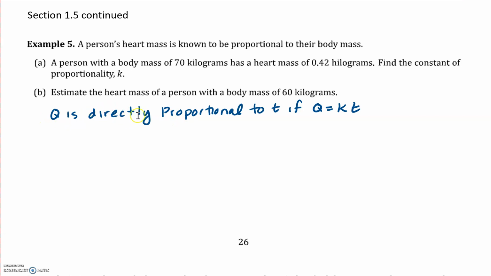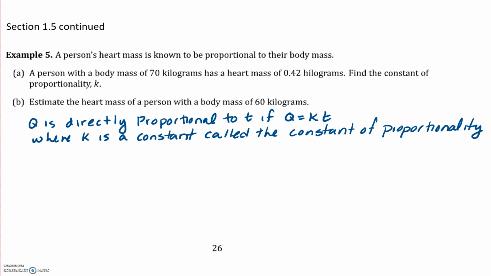And by the way, you do not need the word directly. You could just say Q is proportional, which is what this one does. And the second line on this page says where K is a constant, called the constant of proportionality.